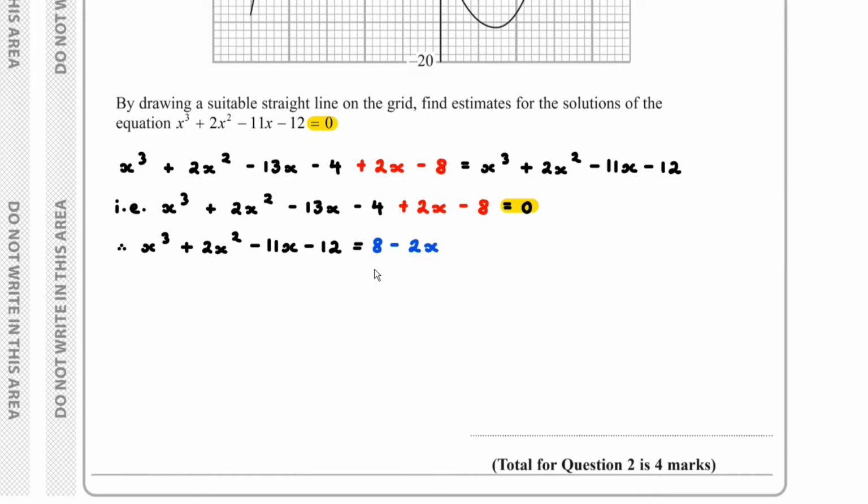Now, if we were to draw the line y equals 8 subtract 2x, we have a y-intercept at 0, 8, and an x-intercept at 4, 0. So let's draw that straight line.